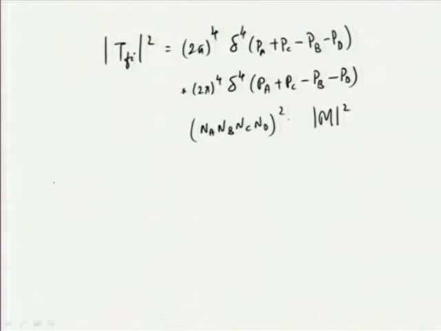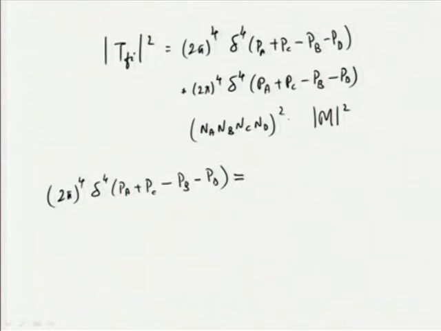We will come to the normalization later. First, let us look at (2 pi)^4 delta^4(p_a + p_c - p_b - p_d) squared.